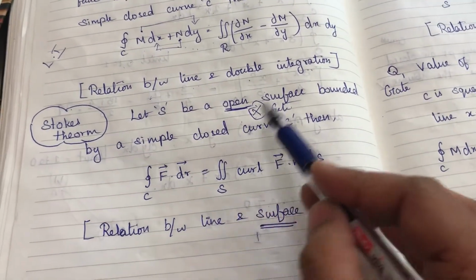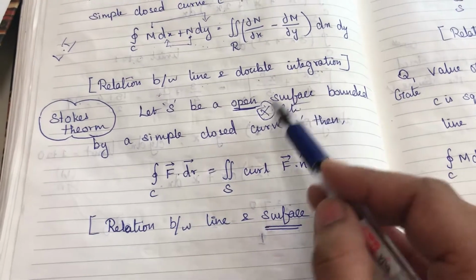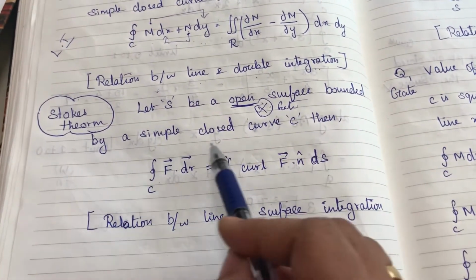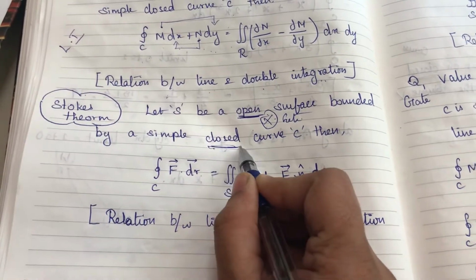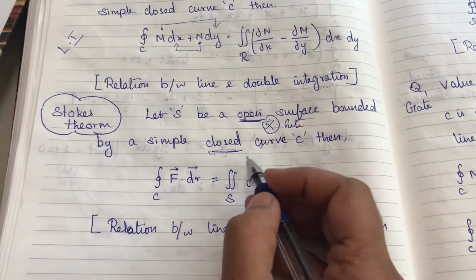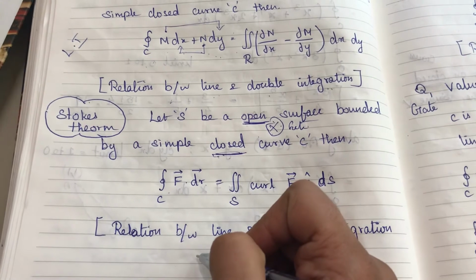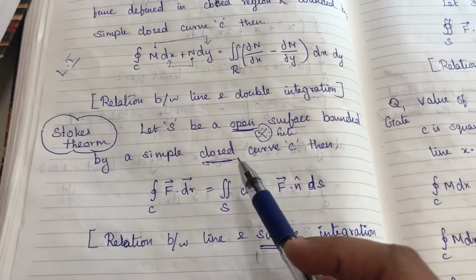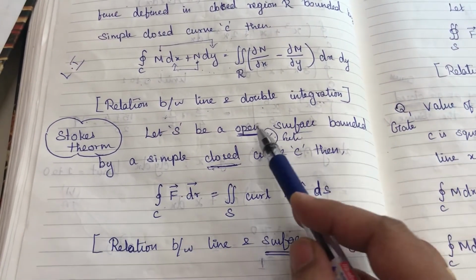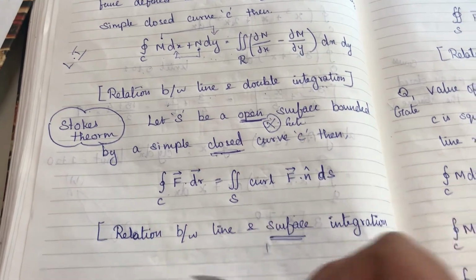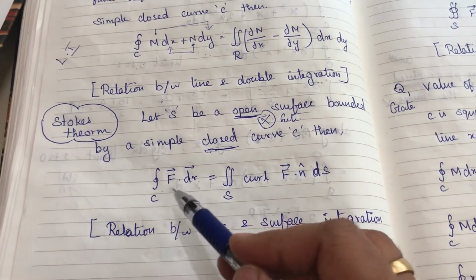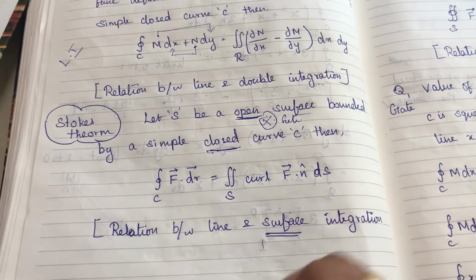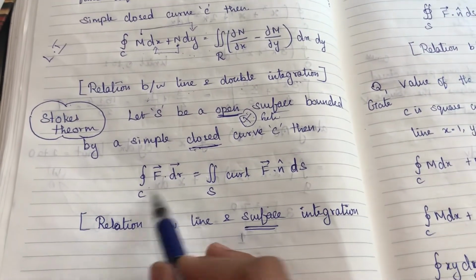So let S be the open surface bounded by a simple closed curve. This is a closed curve. Okay, an open surface and a closed curve. This is important. Then the integral of f vector into dr vector, this is actually the line integral.